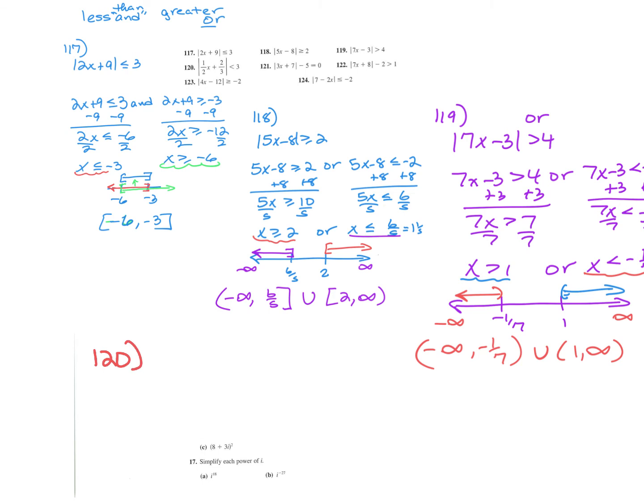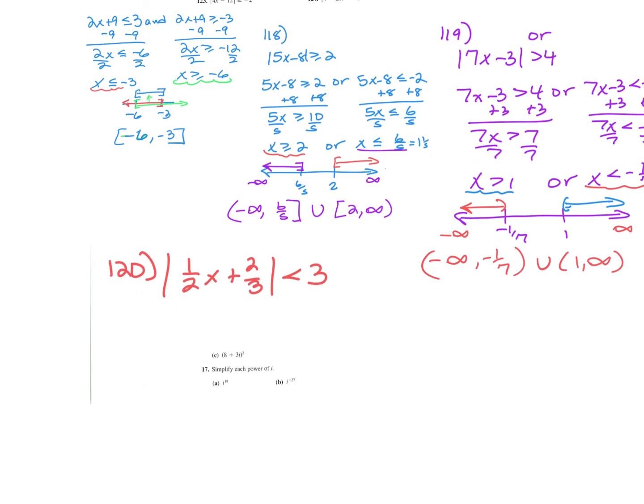We have 1/2 x plus 2/3 in absolute value less than 3. Okay, so let's take a look at 120. Looks like I'm going to go into this work right here. So let me move it over here. So what I need to do here is, it's going to be a less and.